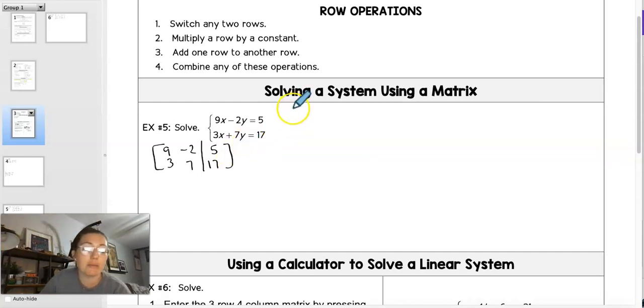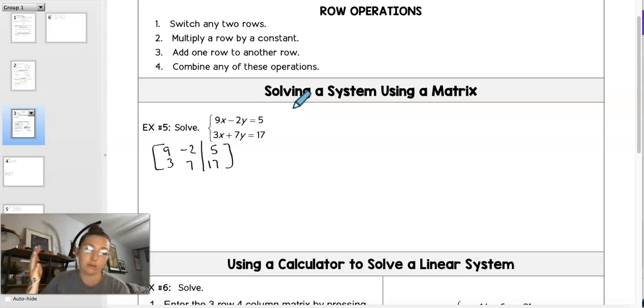This one's actually probably my least favorite example. This one's harder than what I try to give you. I try to give you a more simple one, but we'll go through this and then we'll do some other ones, so don't worry. Okay, so first things first.